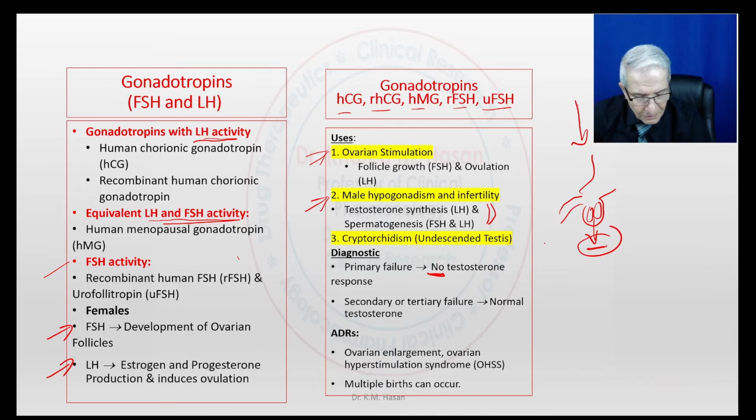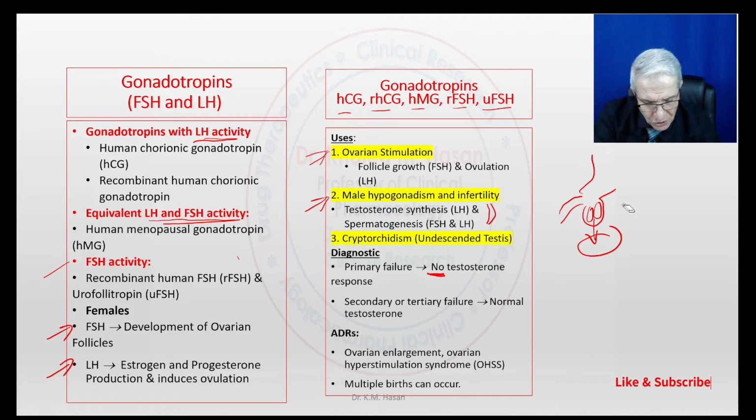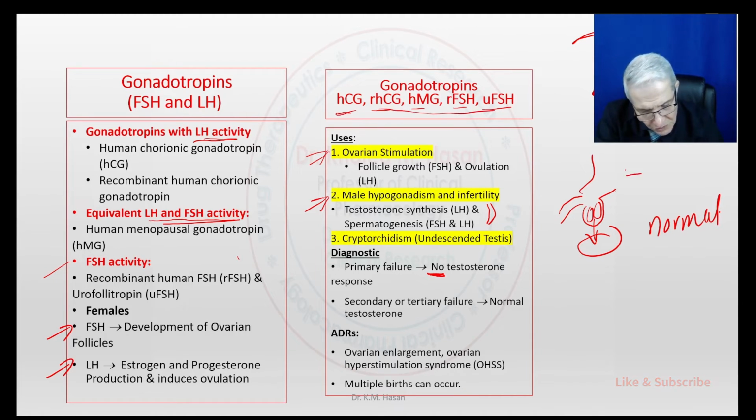When you have secondary failure, that means the disease will be in the pituitary or in the hypothalamus, while the testes have normal function. When you prescribe this group of medication, the result will be stimulation, and this will lead to an increase or normal secretion of testosterone.